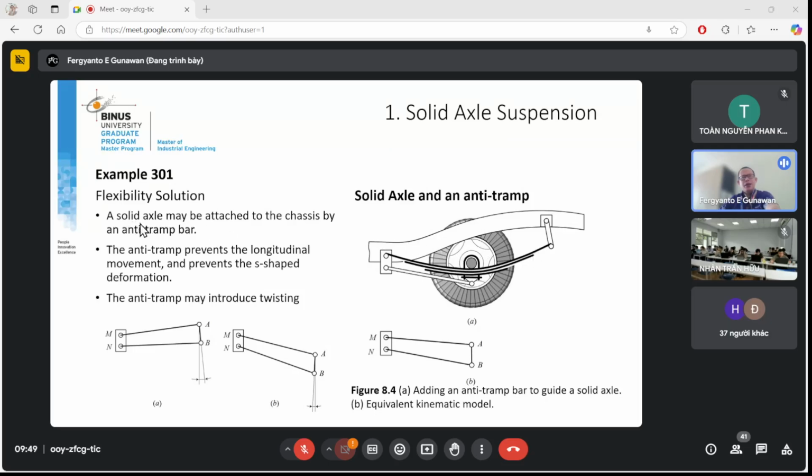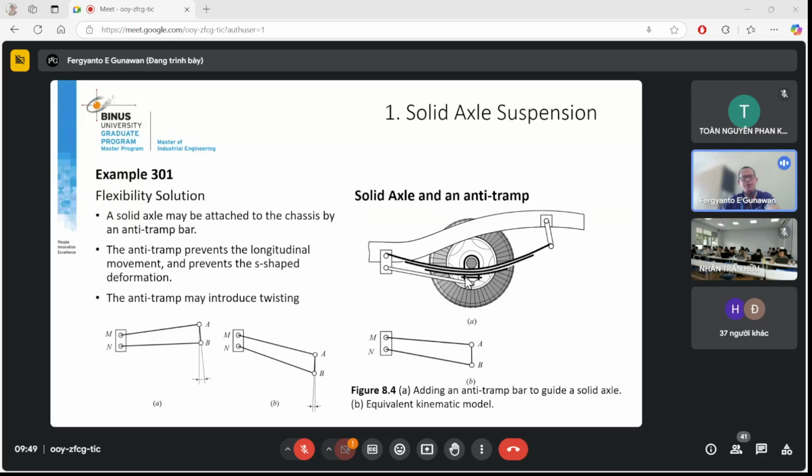So a simple anti-tramp structure can be added, and this anti-tramp prevents the longitudinal movement. So we can prevent the movement in these longitudinal directions, and improve the stability of the suspension. With this setting, now the suspension will only move in the vertical direction, which achieves the purpose that we wish.